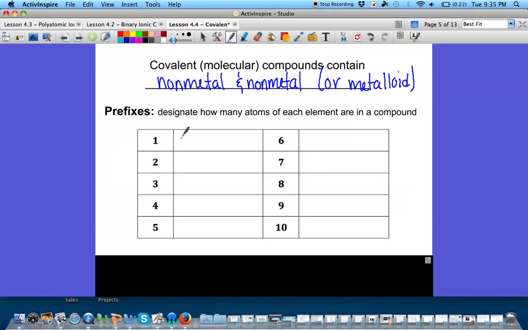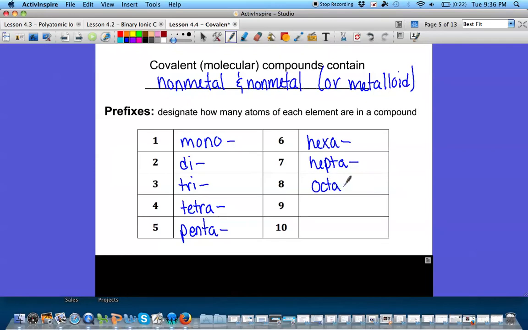The prefix for 1 is mono, the prefix for 2 is di, the prefix for 3 is tri, like a tricycle, 4 is tetra, 5 is penta, like the pentagon, 6 is hexa, like a hexagon, 7 is hepta, 8 is octa, like an octagon or an octopus, 9 is nona, N-O-N-A, and 10 is deca, like a decade.